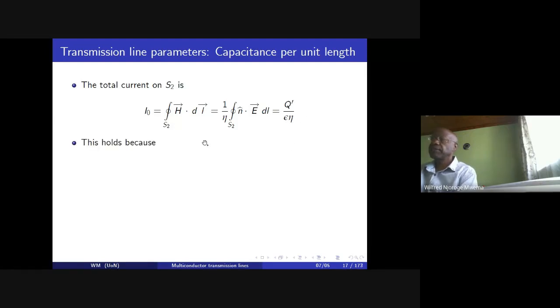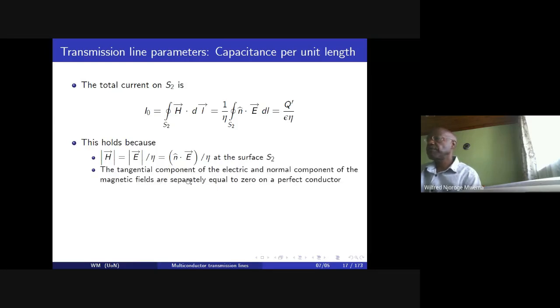This holds because we have seen that the magnitude of the magnetic field intensity is given by the magnitude of the electric field intensity divided by the intrinsic impedance, that is, the normal component of E divided by eta at the surface S2.